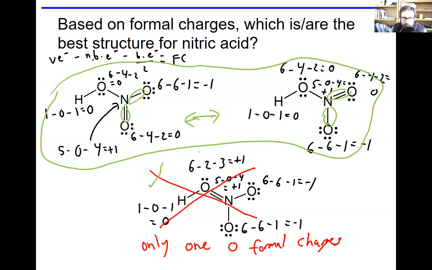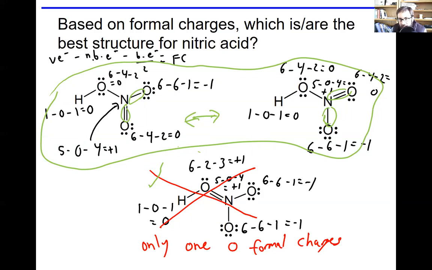All right, that's a little more advanced interpretation of this, but you should be able to figure out all the different resonance structures for Lewis structures for a given molecule, and then be able to tell me which of those resonance structures is the best approximation of reality based upon the formal charges. Again, close to 0.